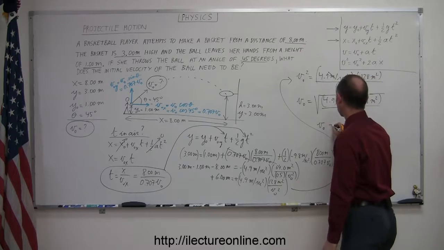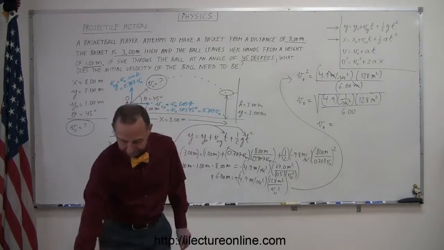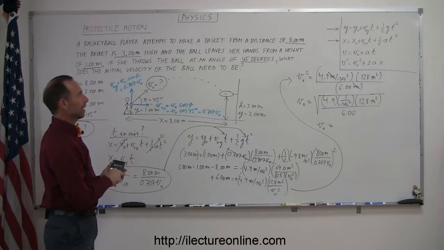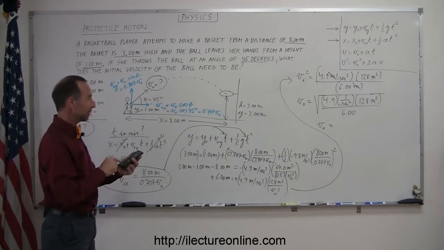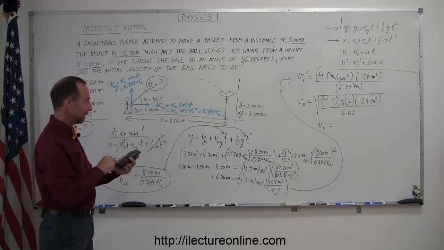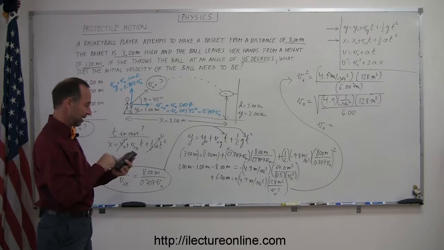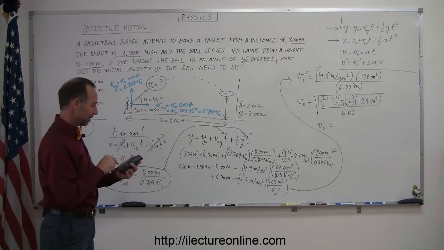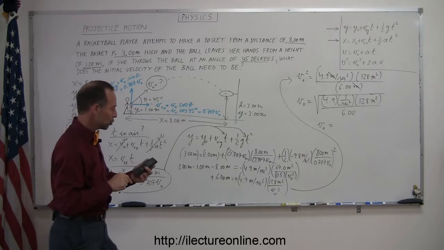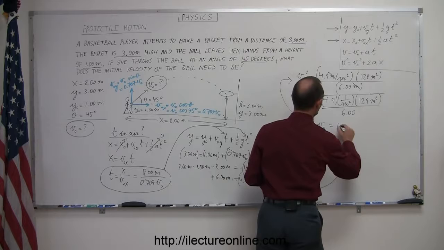And now let me grab my calculator. 128 times 4.9 divided by 6, and take the square root of that. I get 10.22, so the initial velocity equals 10.2 meters.